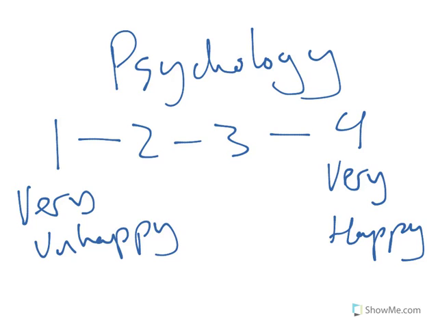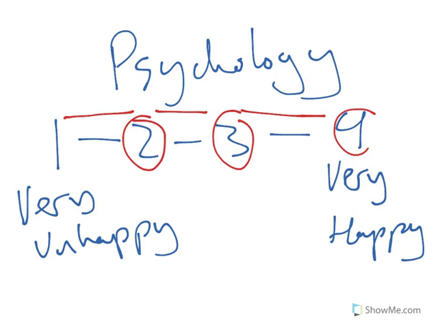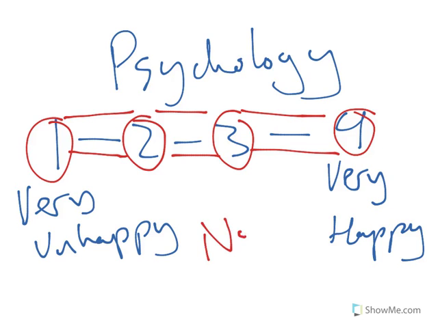In this case, is there uniform spacing between the numbers? Is 2 to 3, and 3 to 4, and 1 to 2, uniform in terms of units of happiness? Is that really an accurate way of thinking about this? Probably not, okay? So this is probably not interval or ratio.